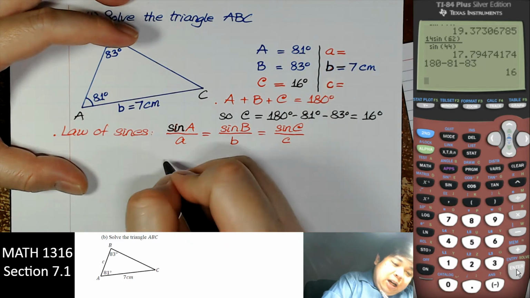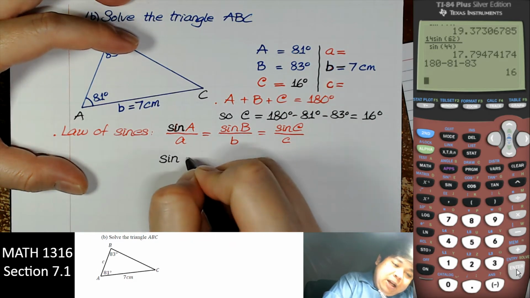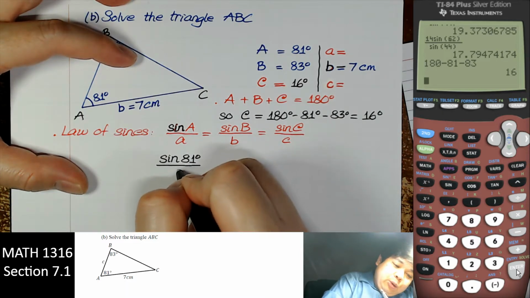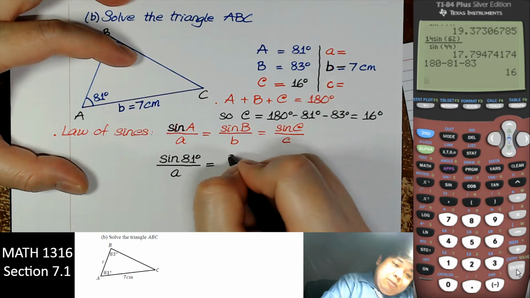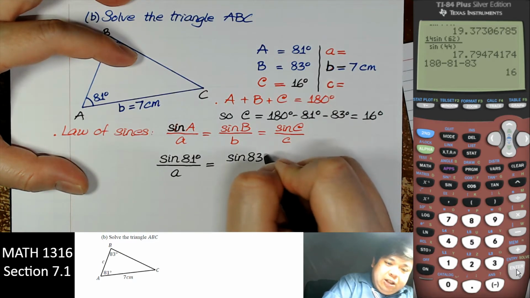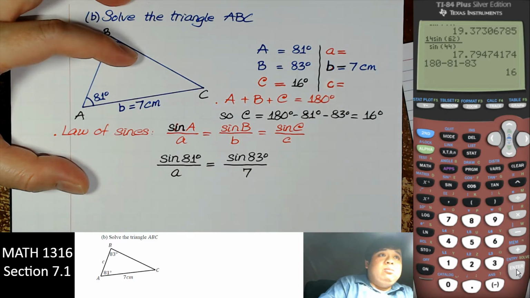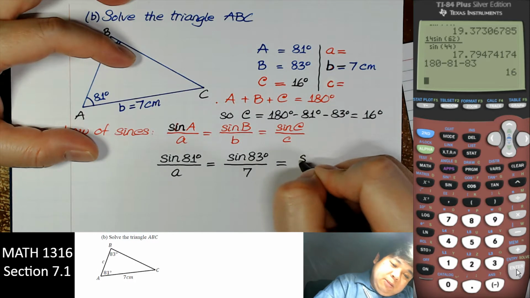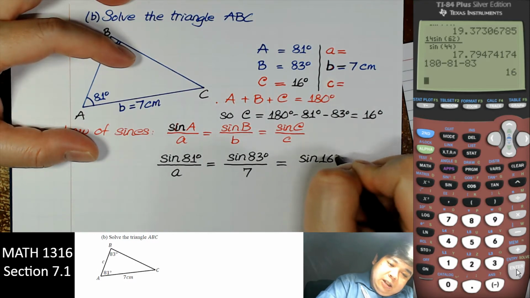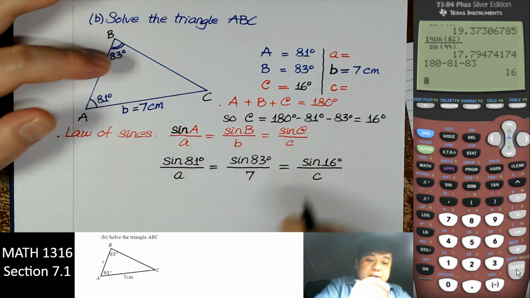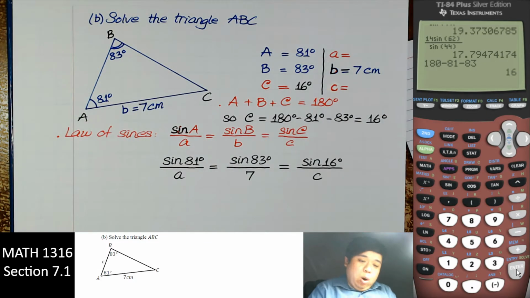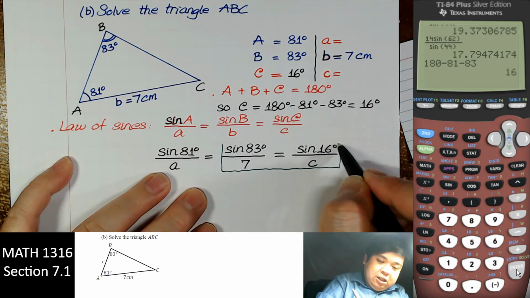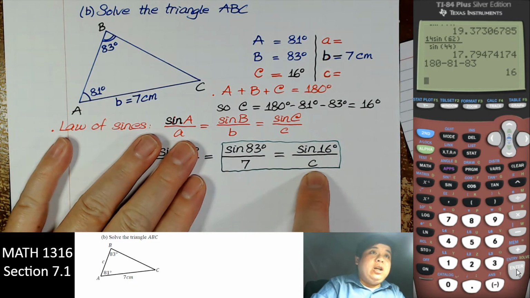Right. Sine of big A, 81 degrees, little a, don't know that. Sine of big B, 83 degrees over 7. I dropped the unit. And then sine of 16 degrees over little c. Right. Once we have a pair of opposite side and angle, we know the ratio, and we're going to use that. These two ratios, cross multiply to solve for c.